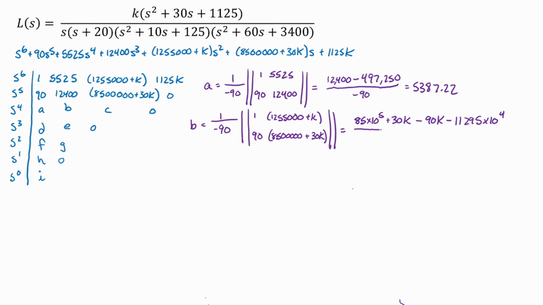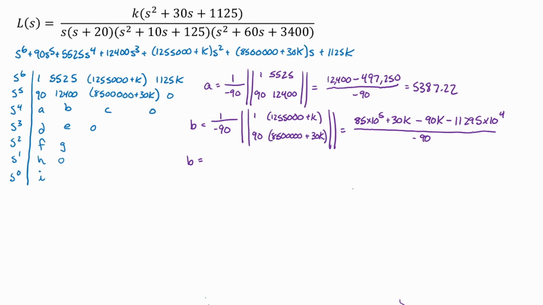So as you can see, these numbers are getting quite large, all over negative 90. So if you simplify that, you'll get the following.